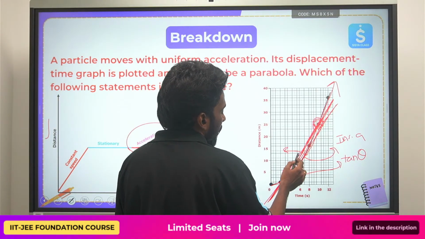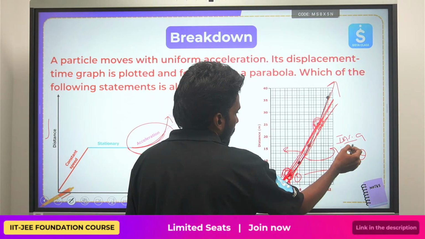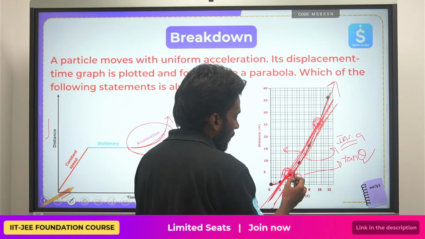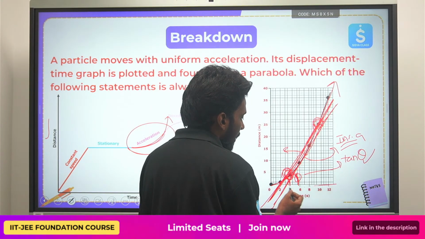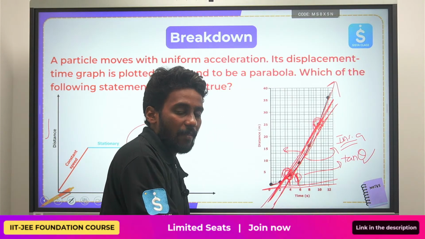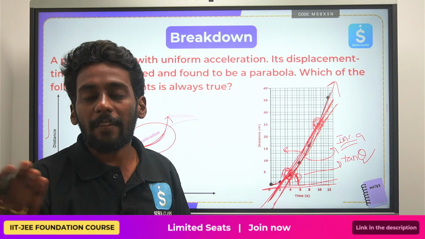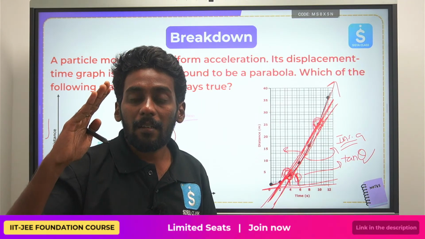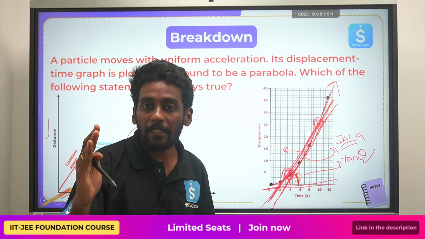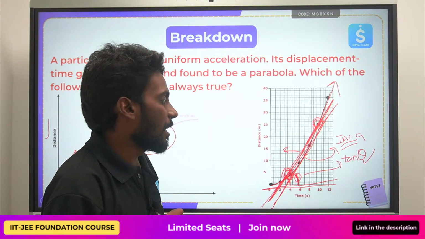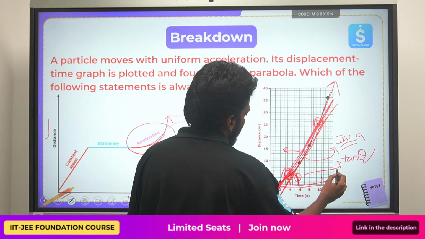As these both lines are parallel, the theta would be the same. The theta which the lines are making with the x-axis are the same. As the theta is the same, the tan theta value is also the same. So it means that the average and the instantaneous values both are the same in this particular scenario.